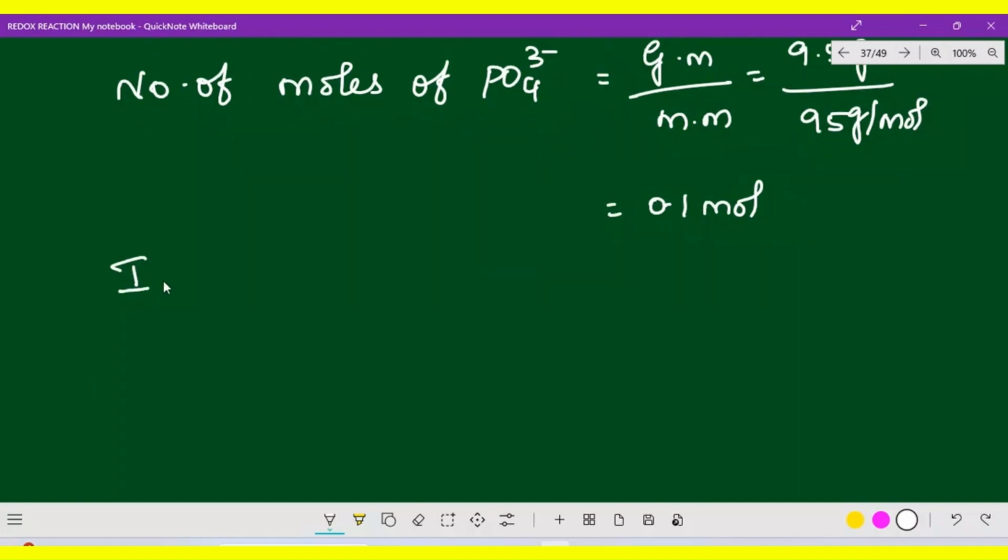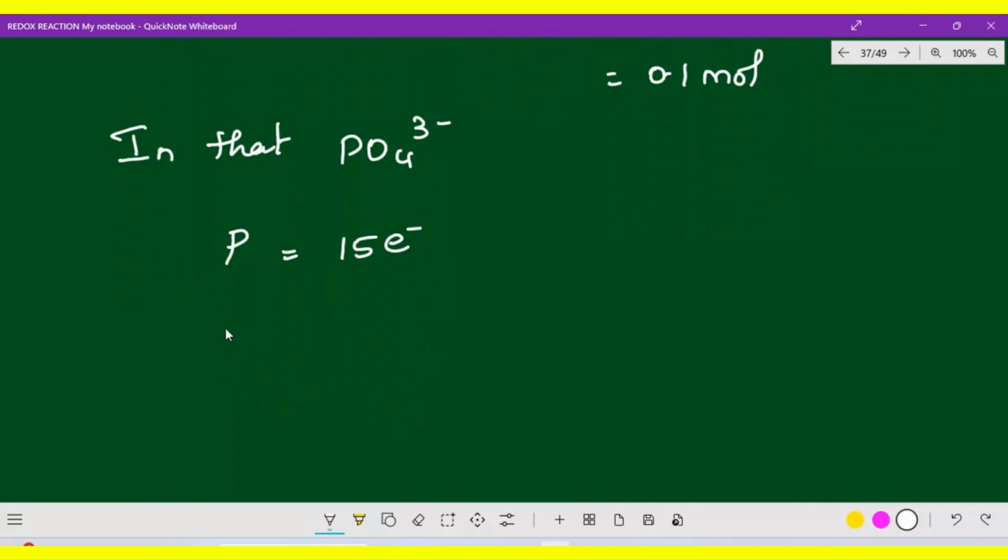In PO4 3 minus, phosphorus has 15 electrons. Oxygen is 8 into 4, that is 32 electrons. And the charge is 3 minus.